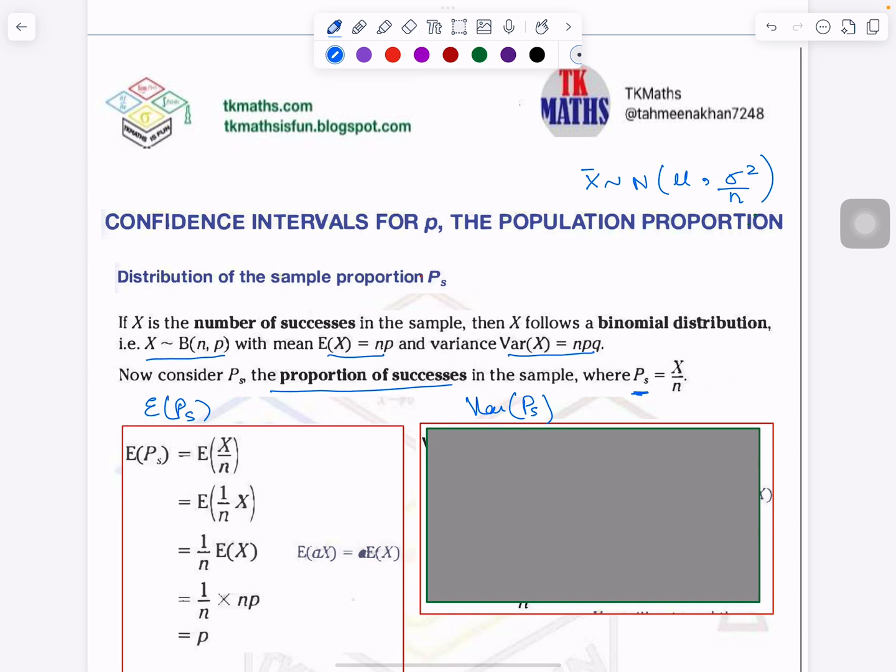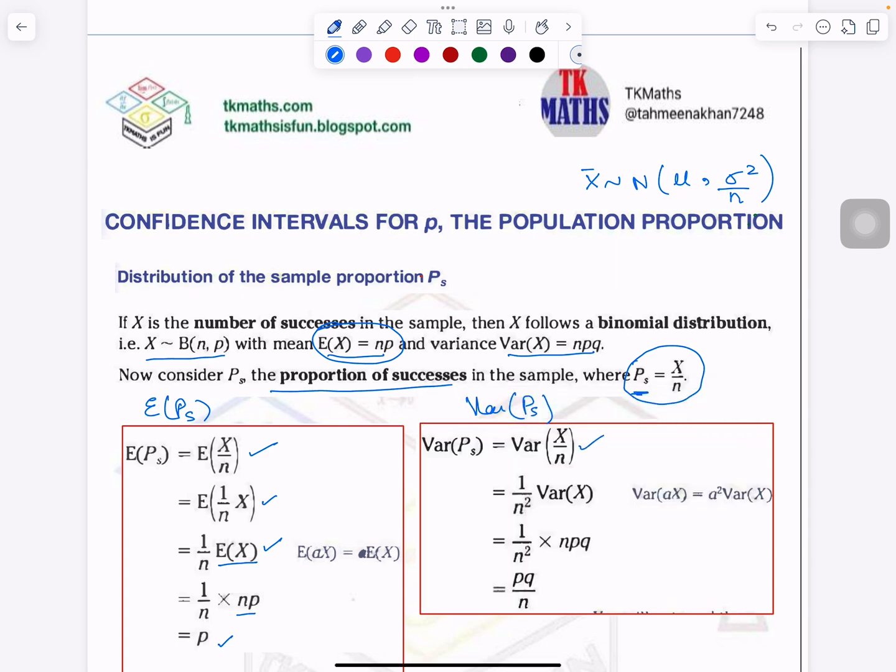You will take the mean of the other side also. 1 over n is a coefficient, X is a variable, and mean of X is equal to np. We have seen it here. So it will cancel out and you will get p at the end. Similarly, you can try variance on this yourself first. I'm showing the working here, but you can try it out.